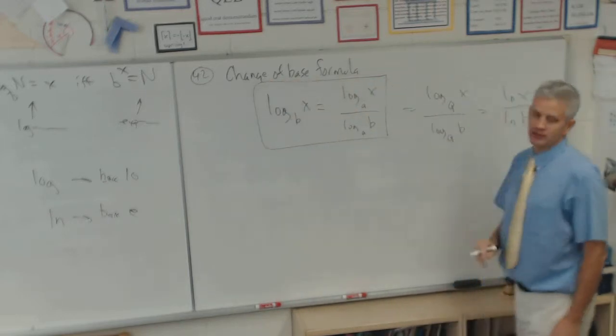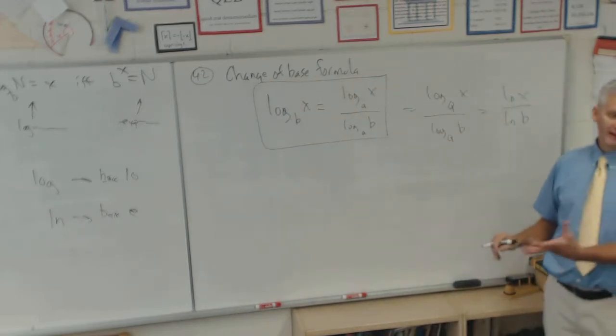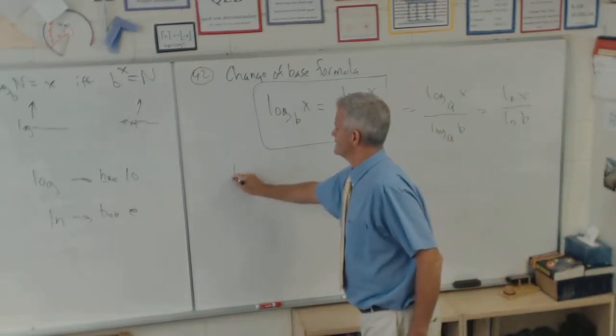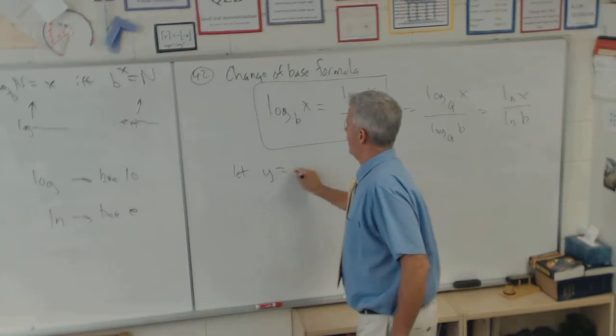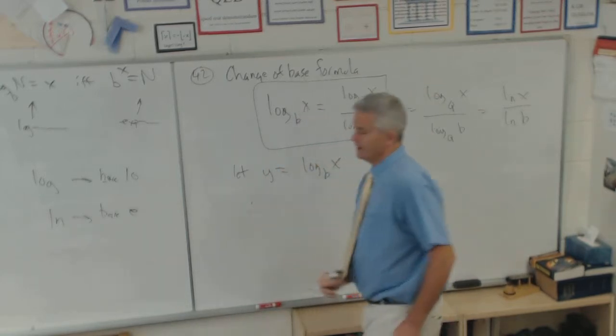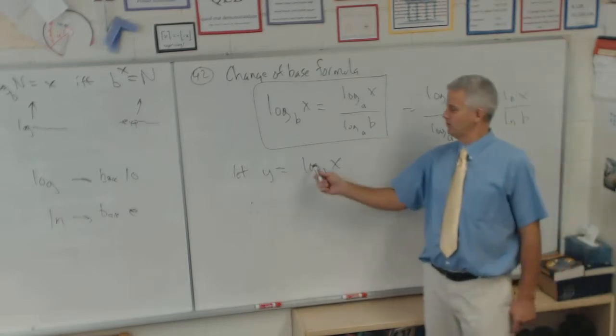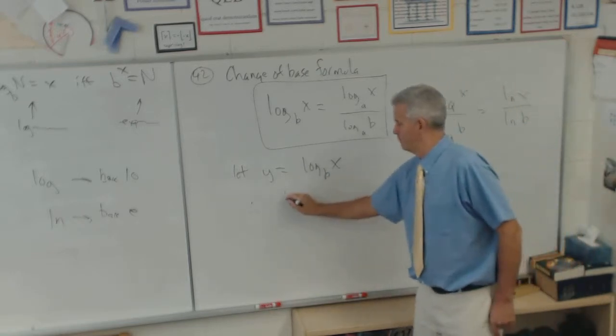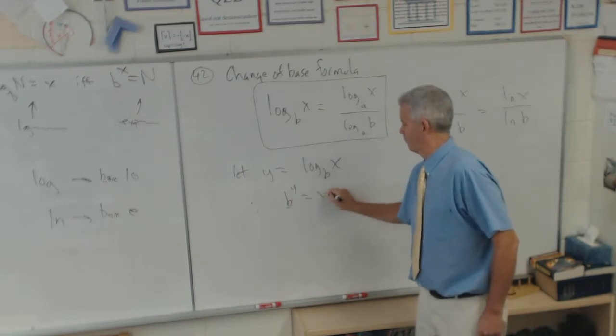So we're trying to derive this change of base formula. We're trying to show that it's true. We did this back in Algebra 2, so I'll do it again right here. I'm going to say, let y equal the log base b of x. Therefore, what's true, Peter? Switch from logarithmic form to exponential form. So b to the y equals x.